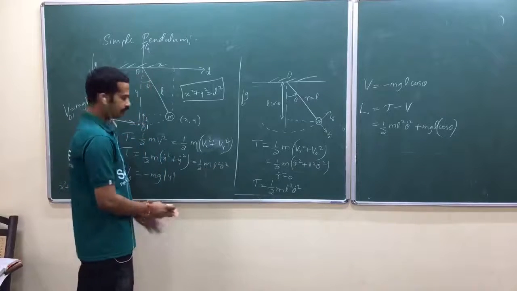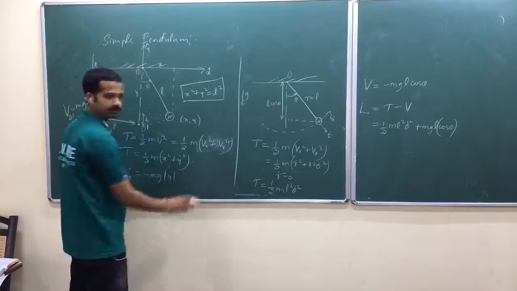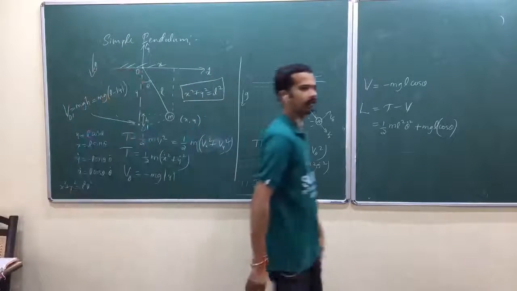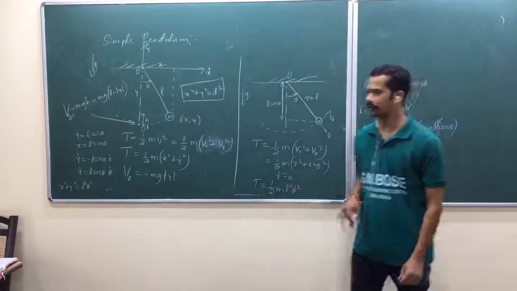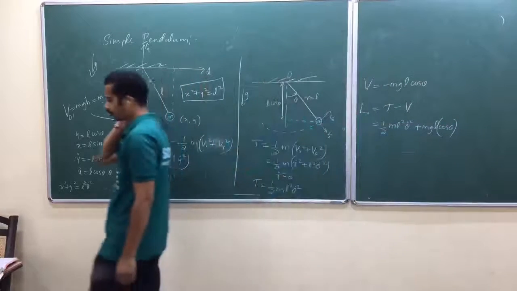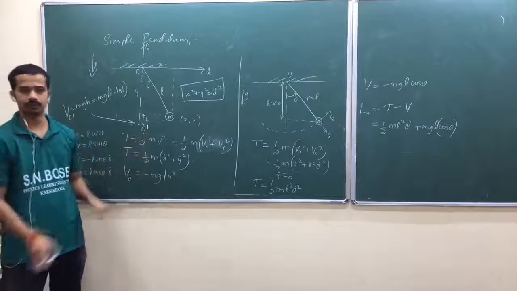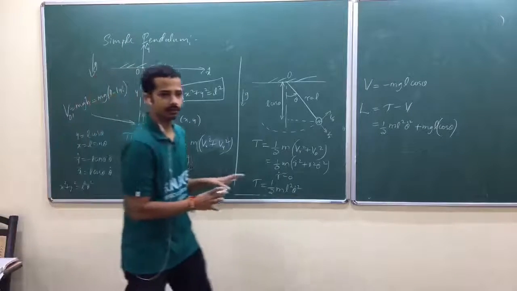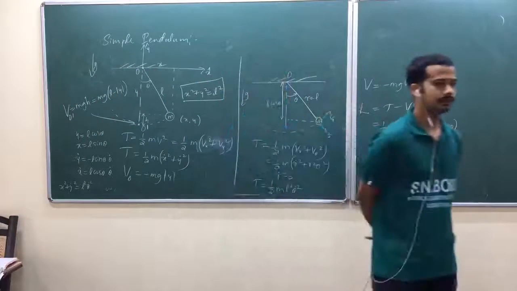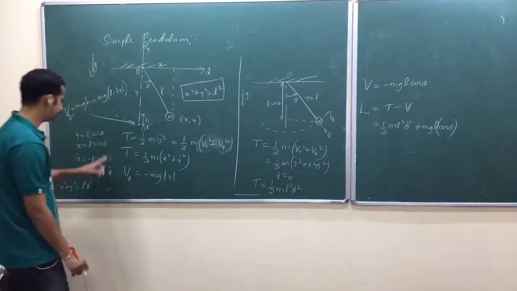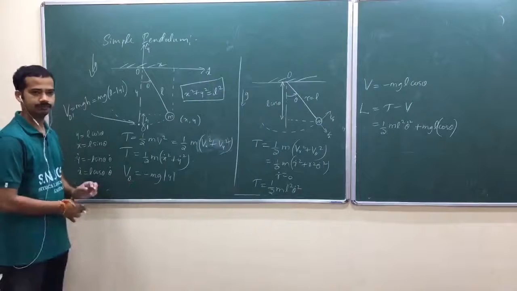In a very rare case we will apply this kind of situation, where it is too difficult to go directly to generalized coordinates. We shall try to apply this kind of transformation: first defining everything in Cartesian coordinates, then transforming into generalized coordinates. Okay? So just note this down also.